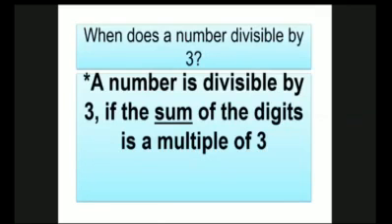So before we end, let's go back to the rules. When is a number divisible by 3? A number is divisible by 3 if the sum of its digits is a multiple of 3. There's a little difficulty with large numbers for this rule.